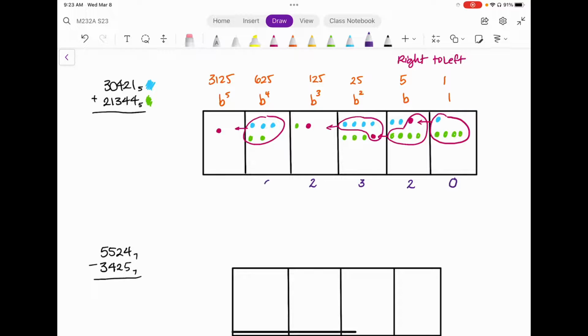There is nothing left in that box of 625s, but there is one left in the box that is for 3,125. So this addition is 1, 0, 2, 3, 2, 0, base 5. And we actually don't say 102,320 because that's base 10 talk. We say 102,320, base 5.